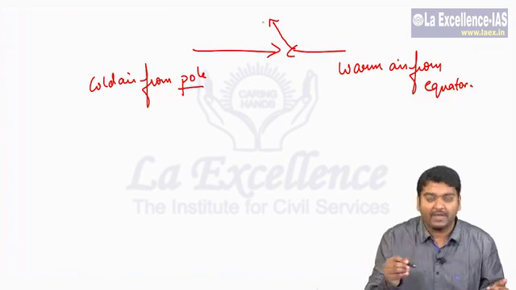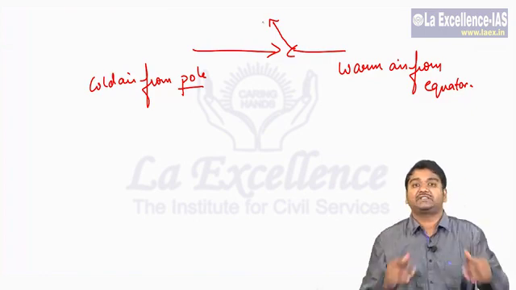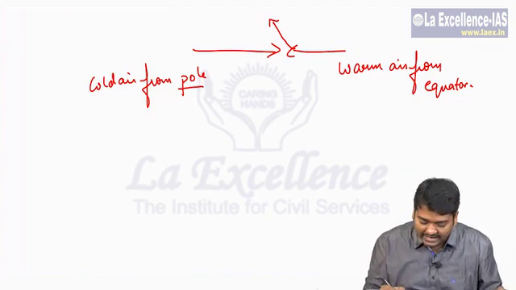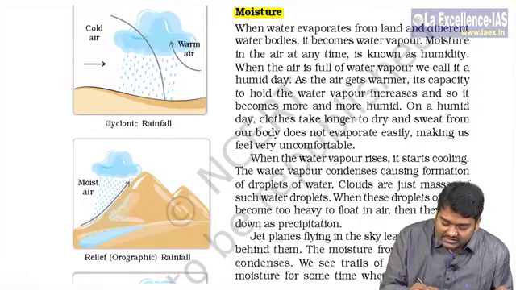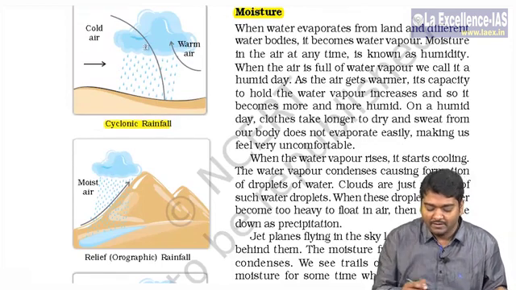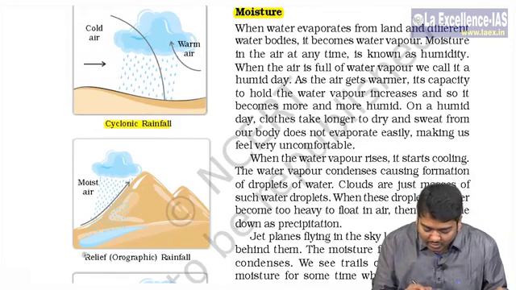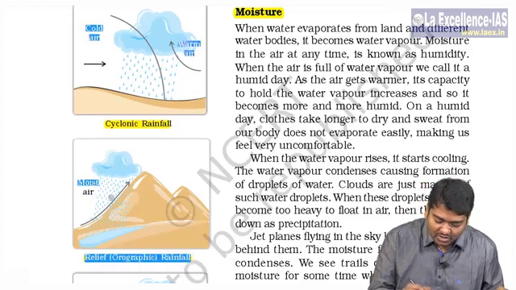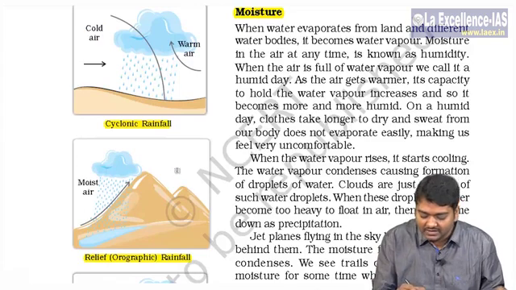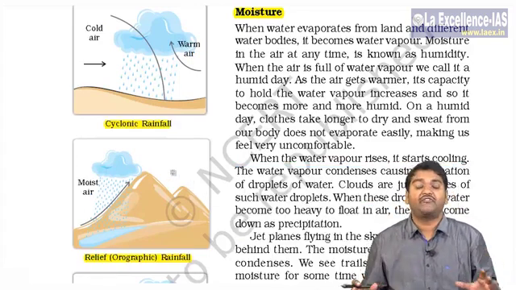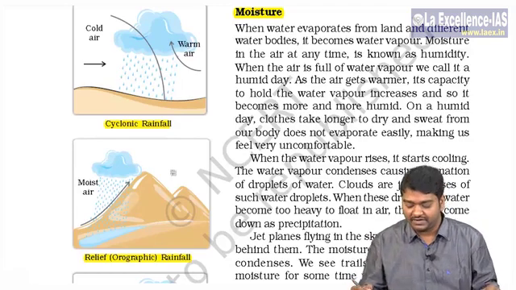And whenever the warm air rises, anything which makes it rise gives rainfall. So this is actually called cyclonic rainfall. You can see cold air, warm air. Here we are talking about relief or orographic rainfall. This portion is called the windward side, and this portion is called the leeward side, right? So these are very, very important for us to understand.